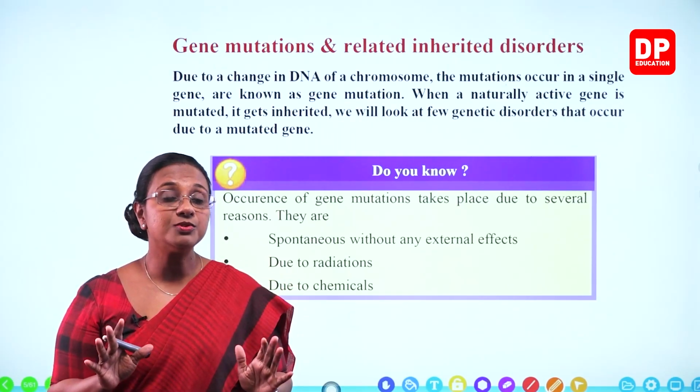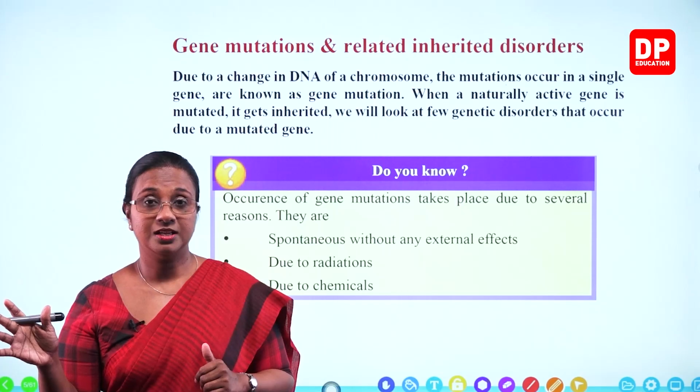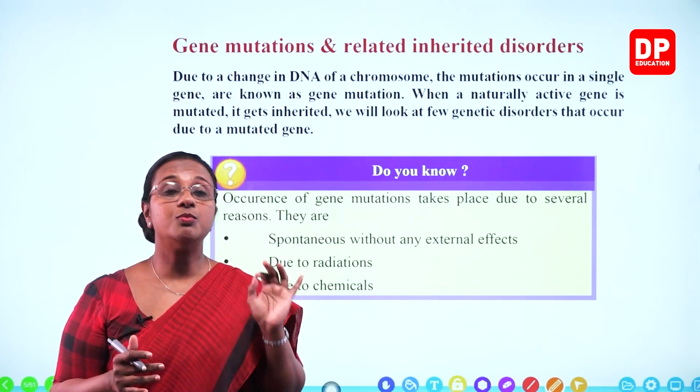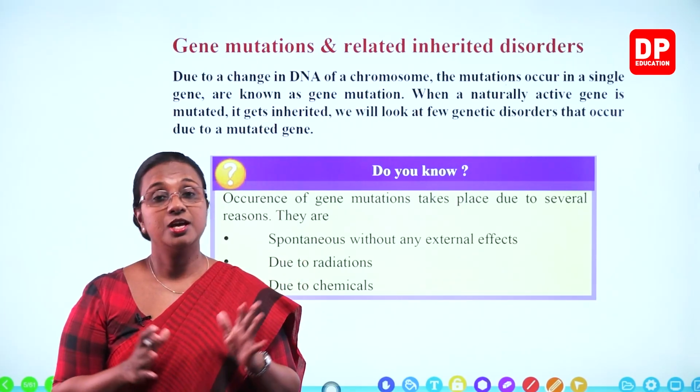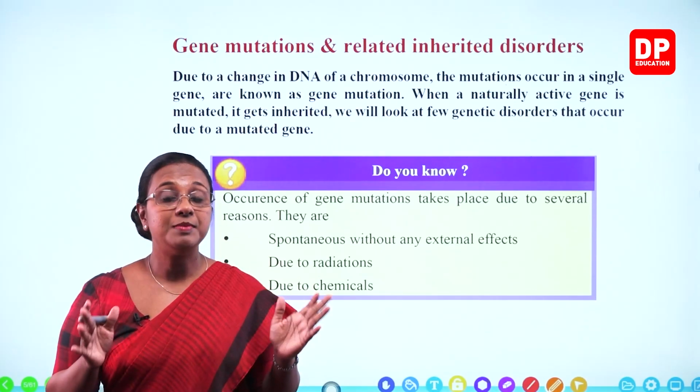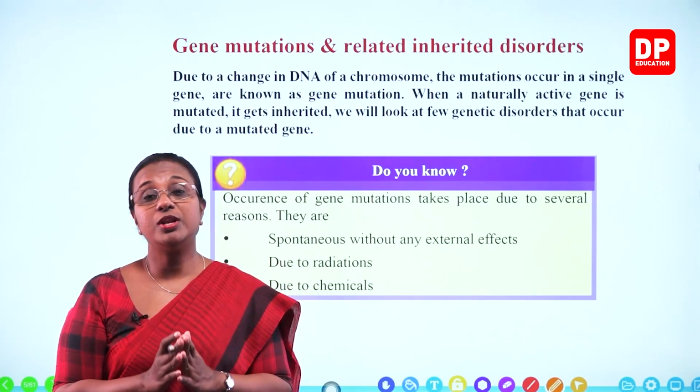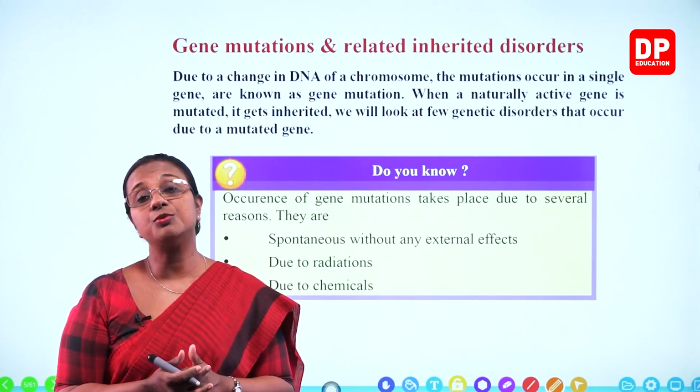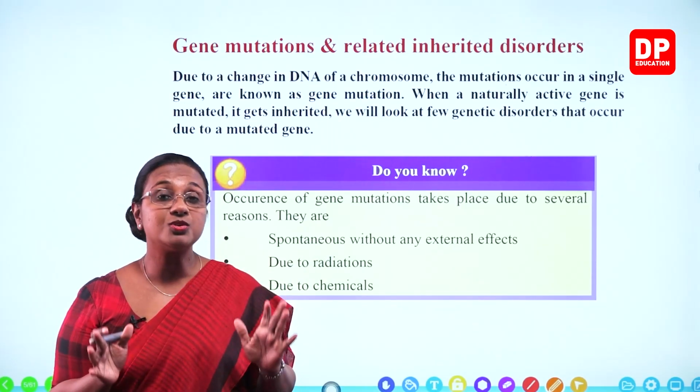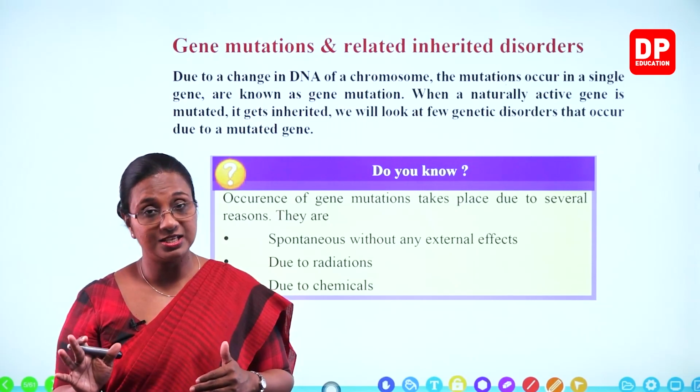Now, don't confuse this with a variation. You can remember, students, that during the production of gametes, meiosis occurs. During meiosis, the number of chromosomes becomes half, and there is also a possibility of variations.